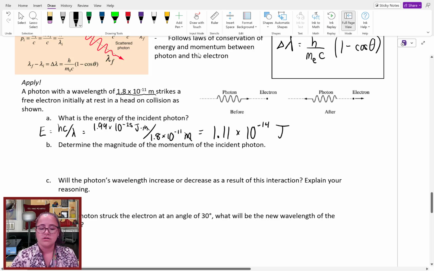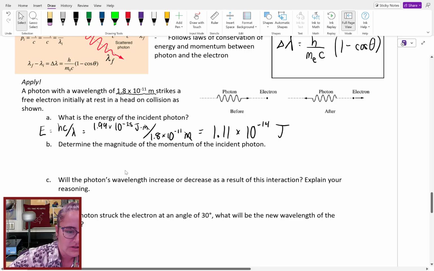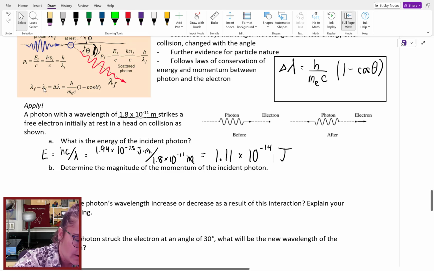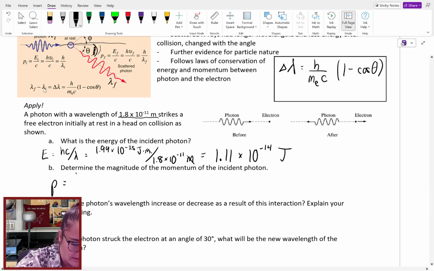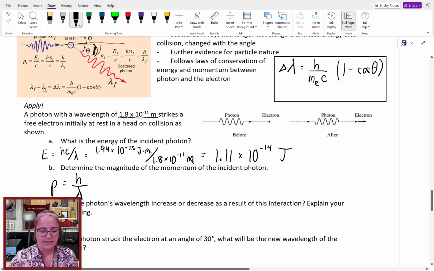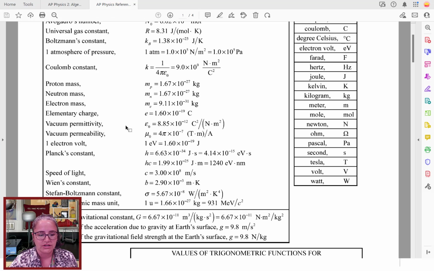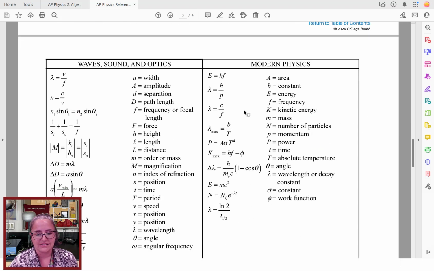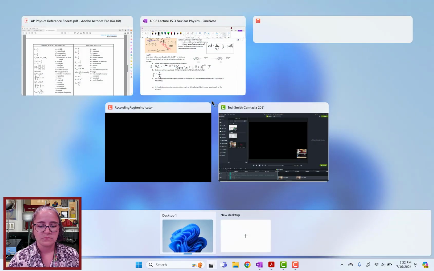Okay, so let's go ahead and determine its momentum. We have the equation right up here, so I'm just going to use that one, where the momentum of the photon equals h over wavelength. And again, on your equation sheet, we have h, 6.63 times 10 to the negative 34 joule seconds. This equation is coming from this one: h over wavelength gives you p, the momentum of your photon.